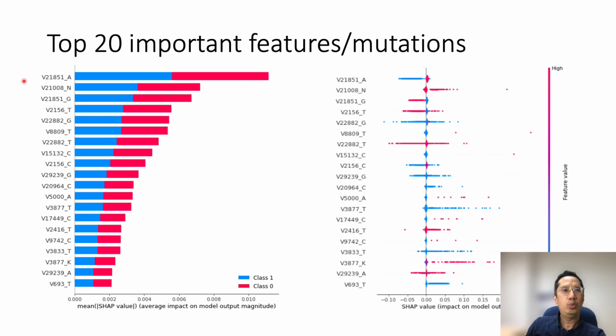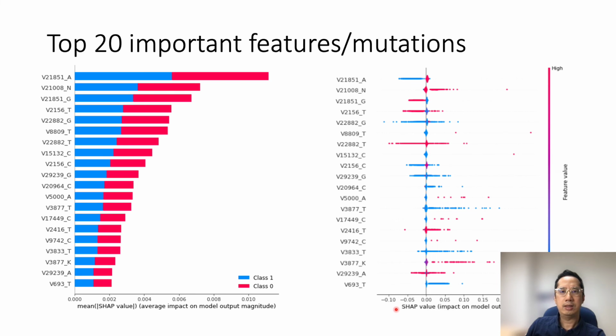The V21A51A is the most important mutation identified in this model. On the right-hand side, you can see some of the mutations have a positive effect, but some have a negative effect. How could you interpret the effect?